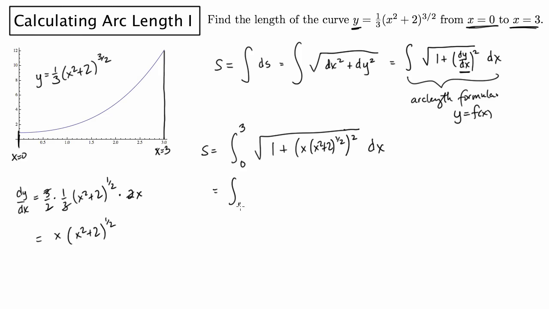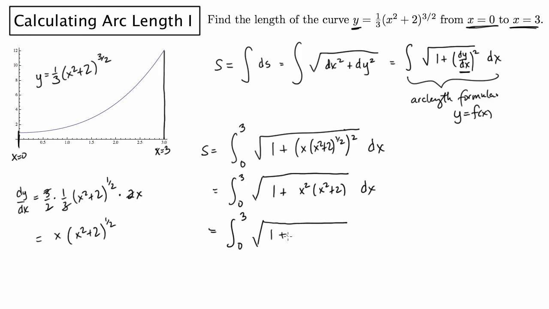This is the integral from 0 to 3 of, if I square this inside piece, I wind up with a nice polynomial inside the radical, which hopefully you'll recognize as being something that we can perfectly factor.